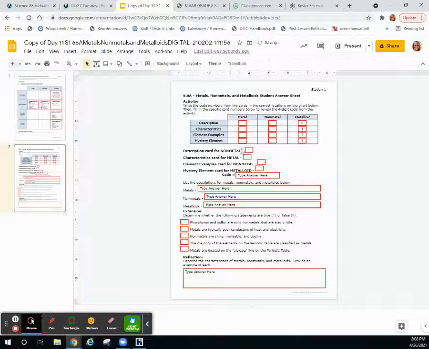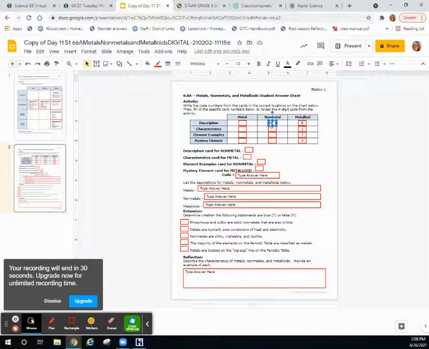And then I look here and it says description card for nonmetal. So I go to description, nonmetal, and I would record what numbers here. I would record that there. For metalloid, it says the mystery element for a metalloid, which was the number 9. So the last number of this code is going to be a 9.